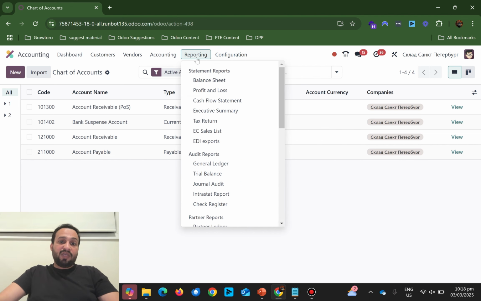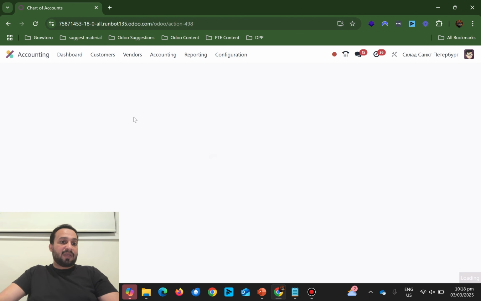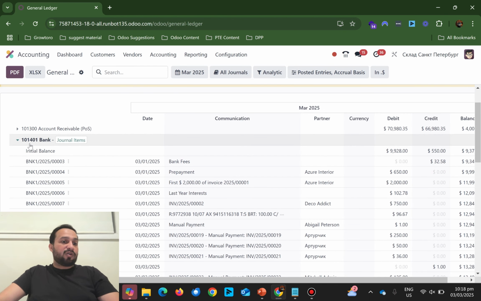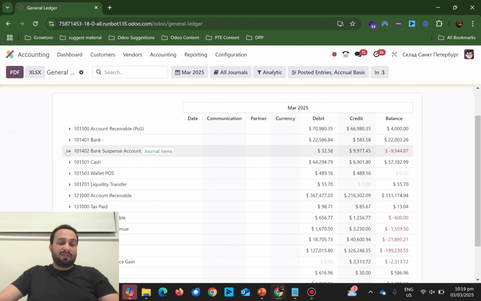Now when we look into the ledger, you have to go into your reporting. In reporting there is the journal ledger. When you click on it, we are talking about the bank. There is only one bank chart of accounts where we are posting all the transactions. In simple words, for your understanding, I gave the chart of account the name folder.